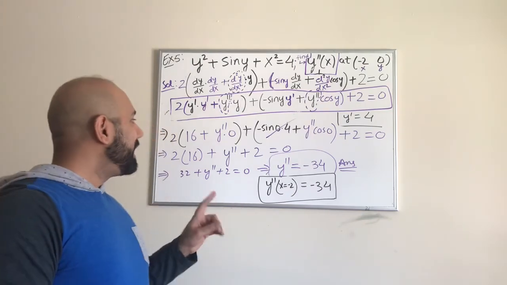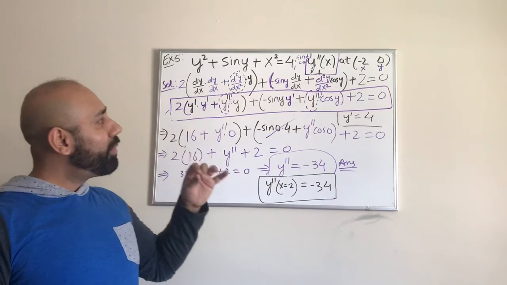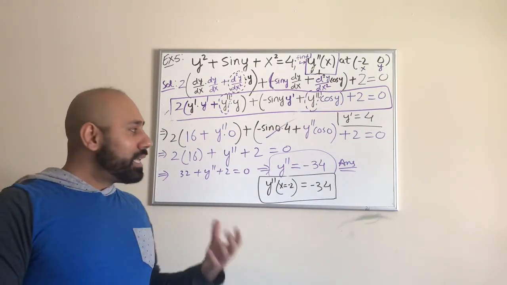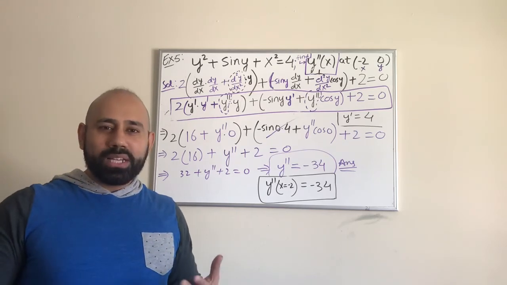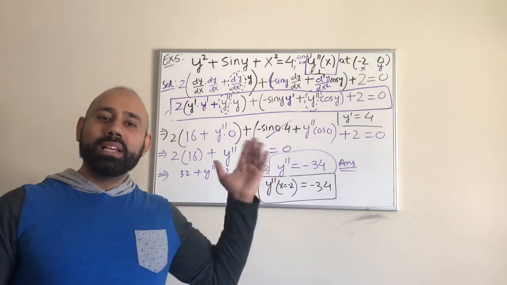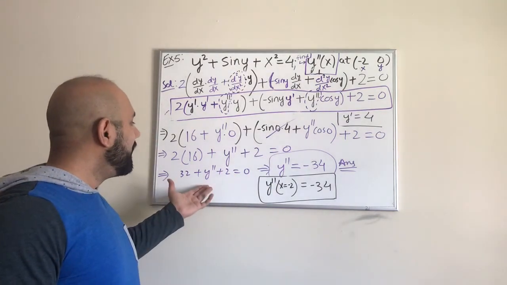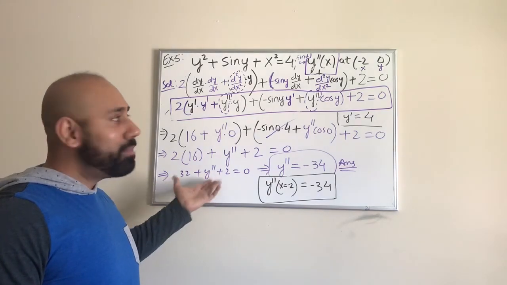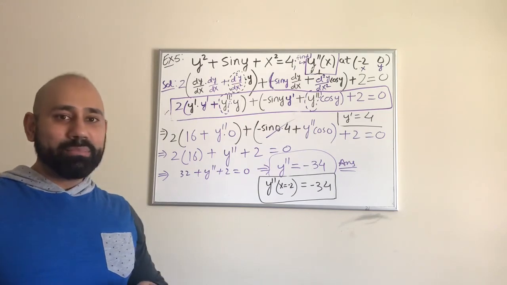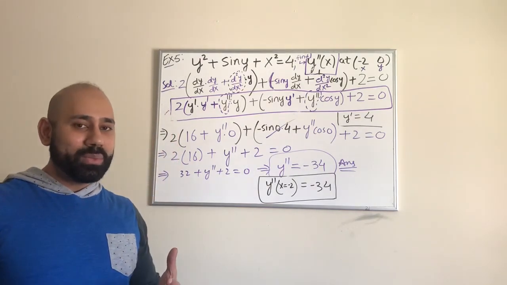Please keep in mind, if you see problems like this where you have to evaluate at a certain point, and you have to find the second derivative, or for that matter just the first derivative, sometimes it may not be a good idea to explicitly isolate or solve for a particular variable. Just keep working and try to do that all the way at the end. All the way at the end, yes, we had to isolate y double prime because that's what we wanted to find. So take some time to go through this example and then practice this on your own so that you feel more confident with this one.